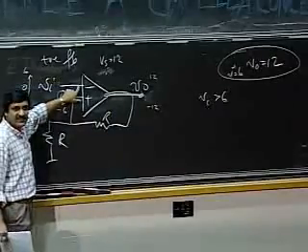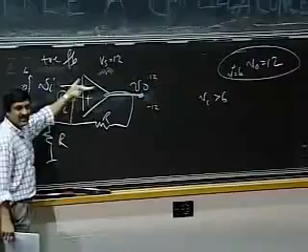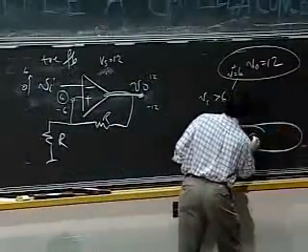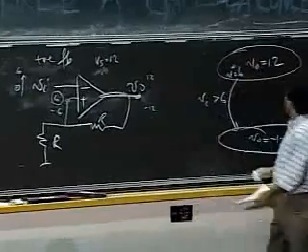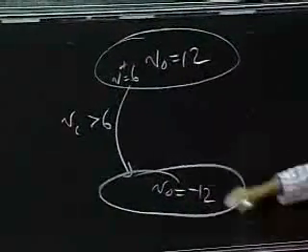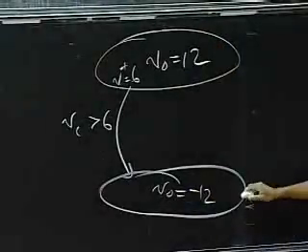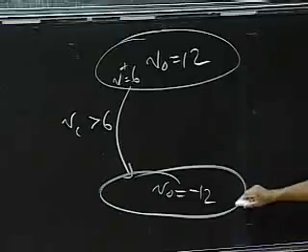So what happens when Vin is greater than 6 volts? If Vin goes above 6, I have more voltage on the negative terminal than the positive, and so the op-amp flips its state, and V0 gets to minus 12 volts. And what does V plus go to?